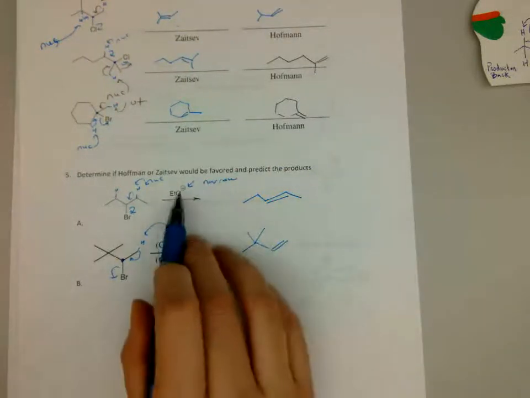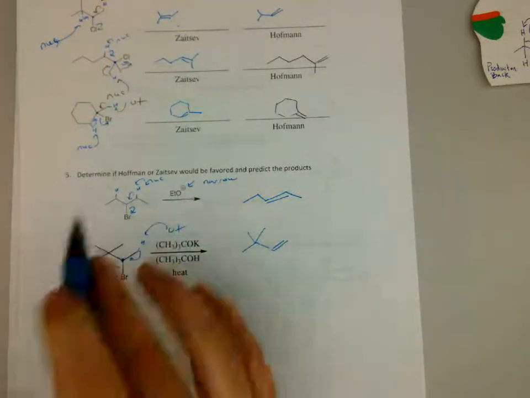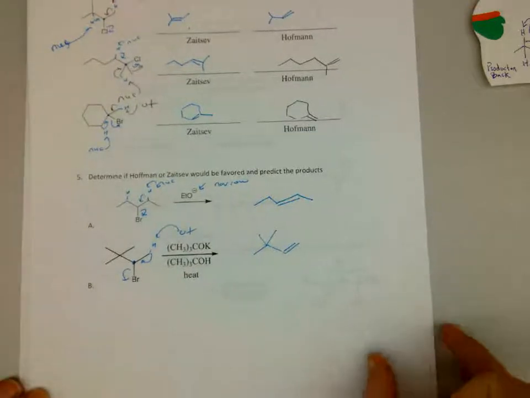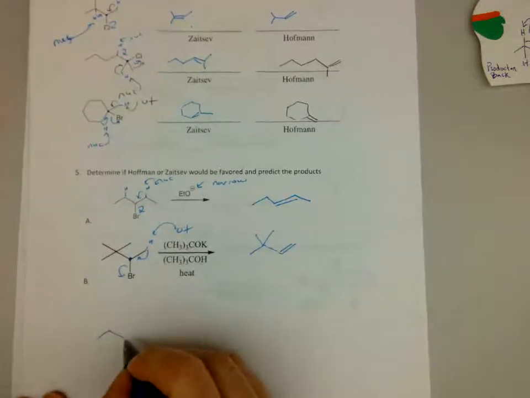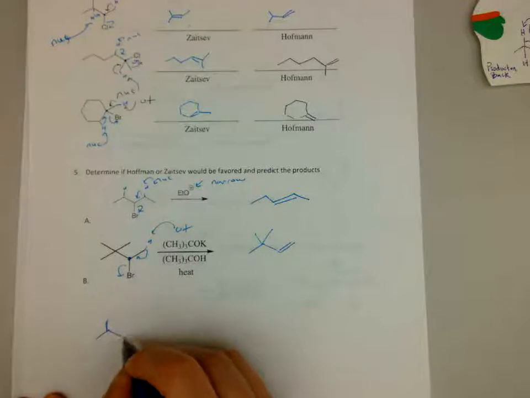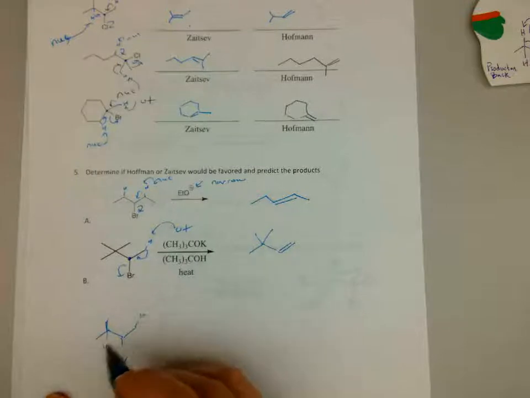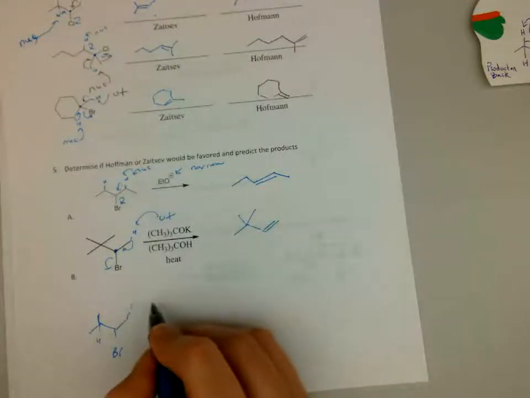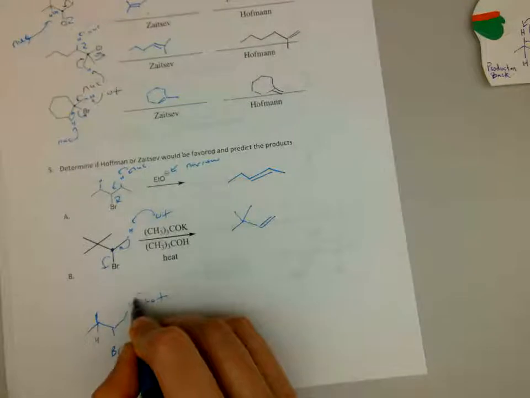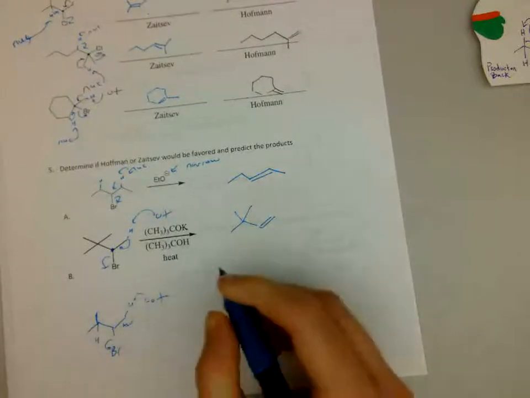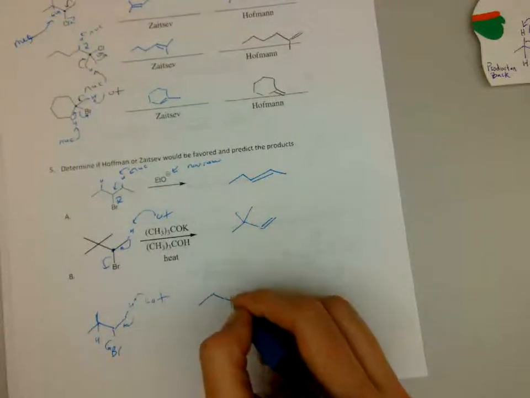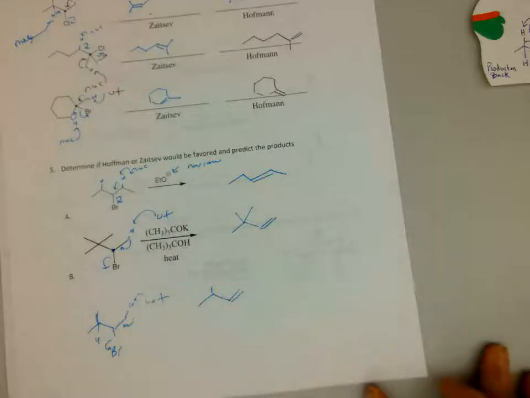So this would favor Hofmann, this would favor Zaitsev. Actually, in both of these cases, though, there's only one product. So if you want a more challenging question that has 2 products, we can just make this look like this. And then you'd have 2 options. You could take from here or here. And this would be taken because you have a bulky nucleophile. And you'd end up with this product. There you go.